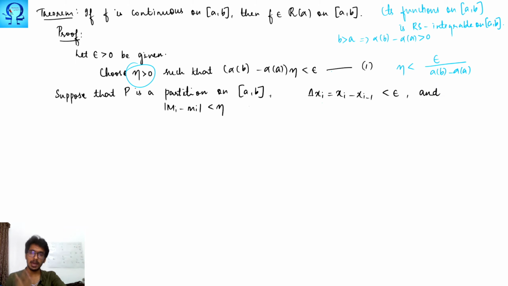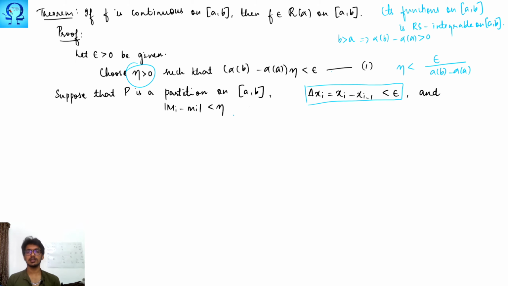Now we are choosing a partition, and whatever may be the epsilon be the case, let us take this to be our epsilon, and the absolute value of Mi minus mi is less than eta here. Do you think this absolute sign is absolutely needed?